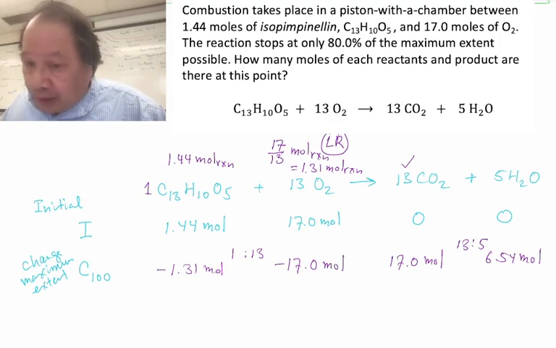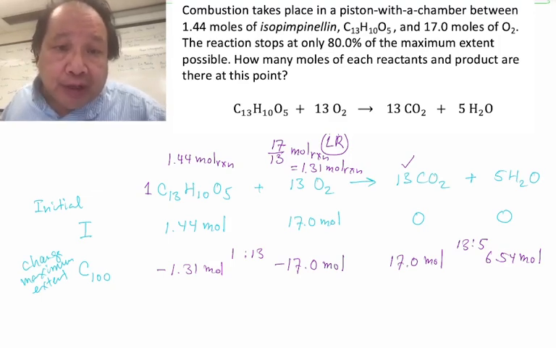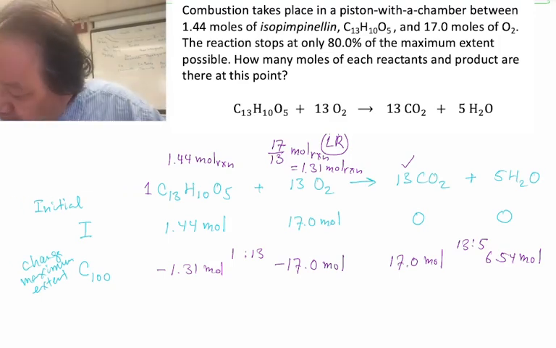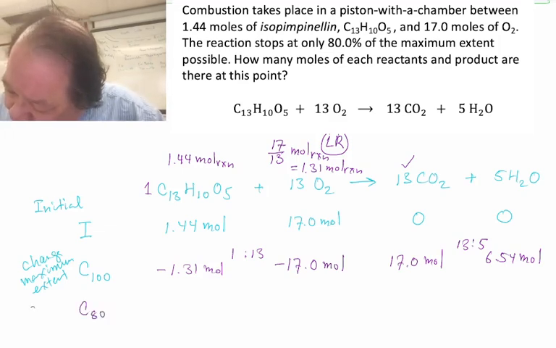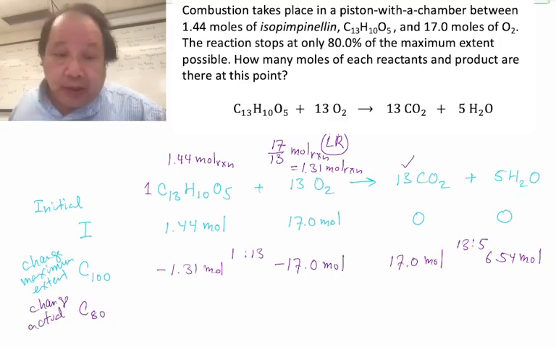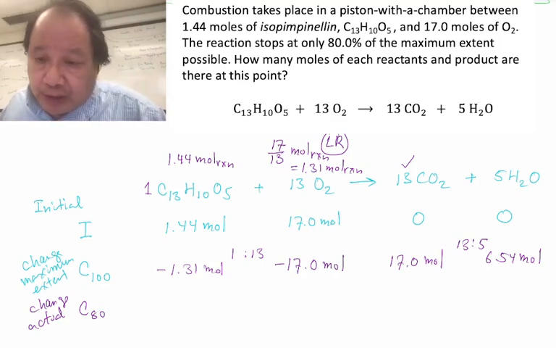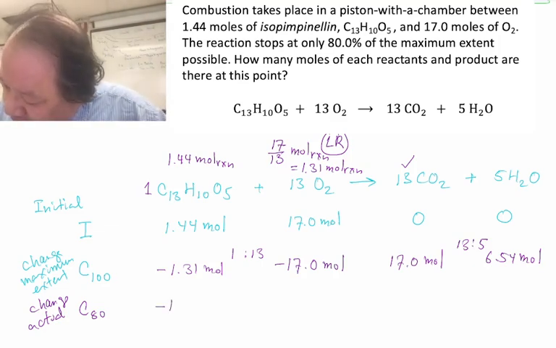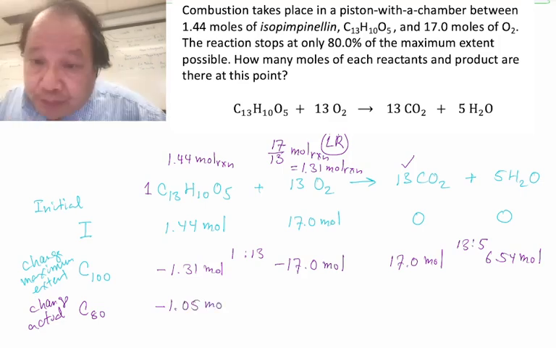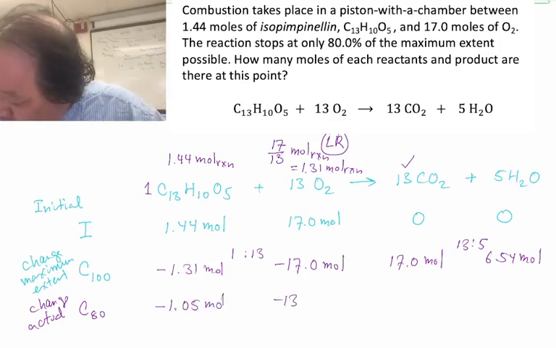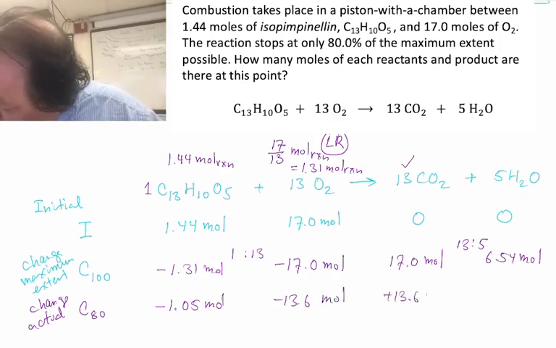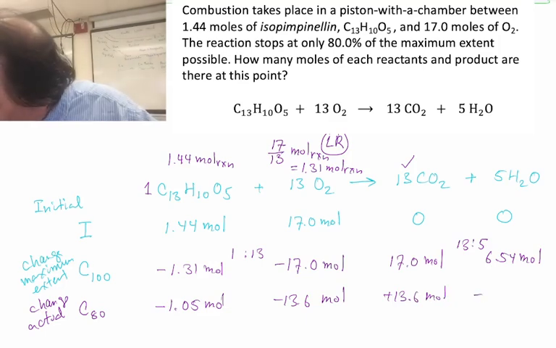But, as the problem says, the reaction stops at only 80%. So at 80%, this is the C80 line, the change which actually took place. It will be the C100 numbers times 80%, and if you do the math, it's minus 1.05 moles, minus 13.6 moles, plus 13.6 moles, and plus 5.23 moles.